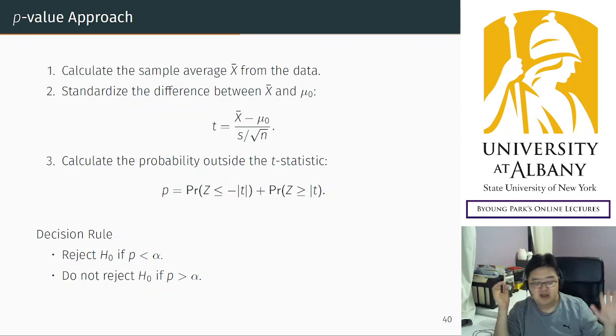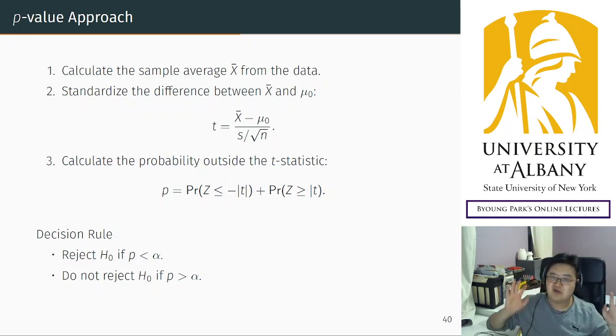The reason why we standardize the difference is because we know that this T statistic follows the standard normal distribution. So we can calculate the probability distribution about this. Under the assumption that your belief is correct, T follows the standard normal distribution.